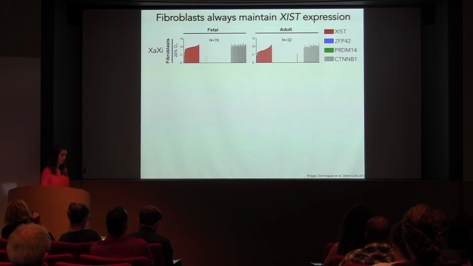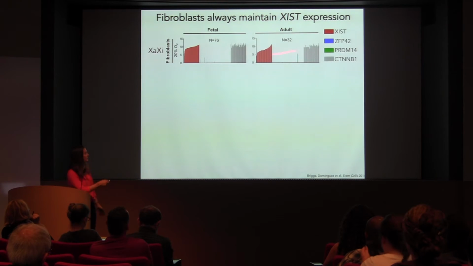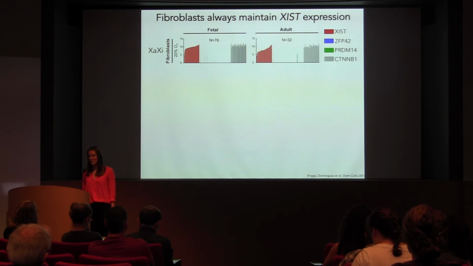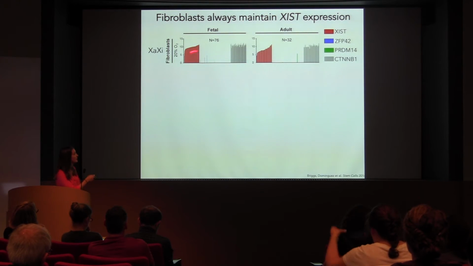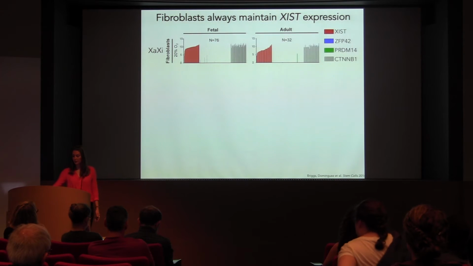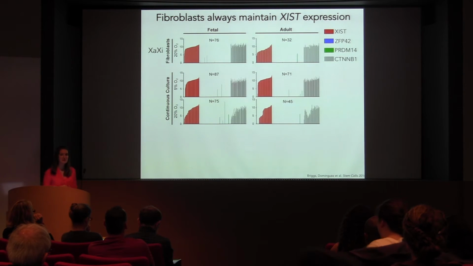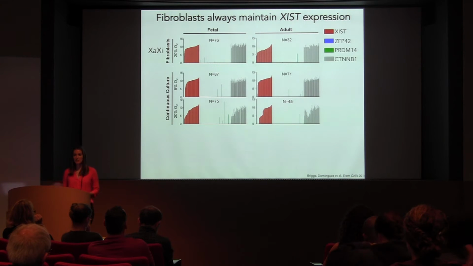And so one of the most important first observations is that our fibroblasts don't express our pluripotency genes, so we know that they aren't stem cells. And we also see that they're characterized by XIST expression and therefore have an inactive X chromosome. And we can continue to culture them in 5% or 20% oxygen, and we don't really see a change in the percent of cells that are expressing XIST.